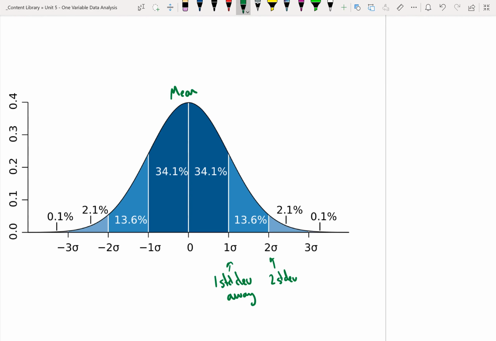What the percentages represent is what percentage of the data would be contained within one standard deviation in either direction, and so on. So one standard deviation in either direction would contain about 68.2% of all of our data. Two standard deviations away would be 68.2 plus 27.2%, and so on. So this is just a representation of what the spread, or what standard deviation, looks like on a normal distribution.